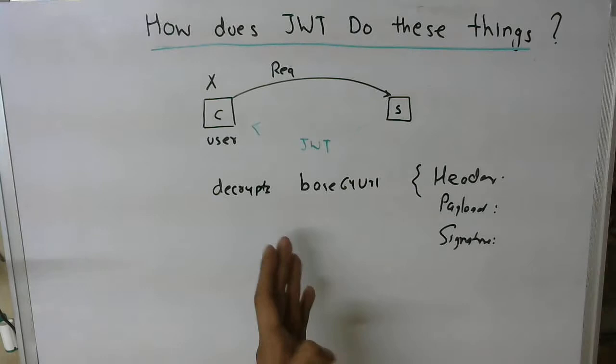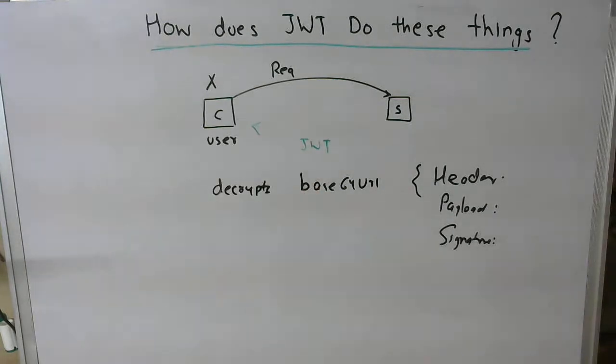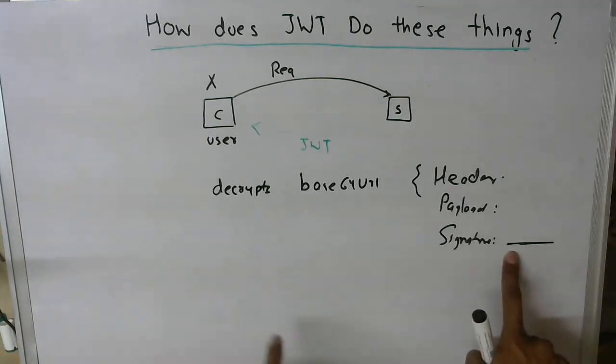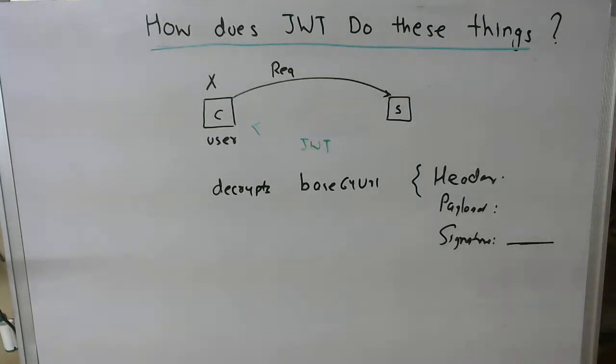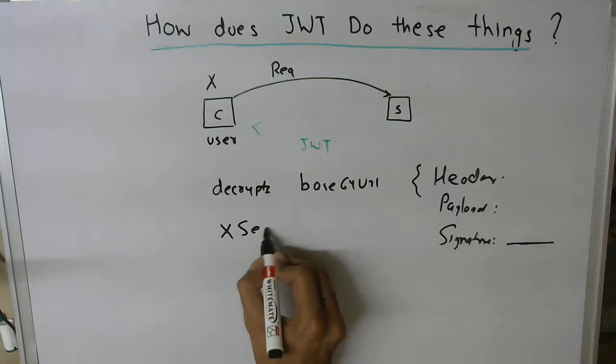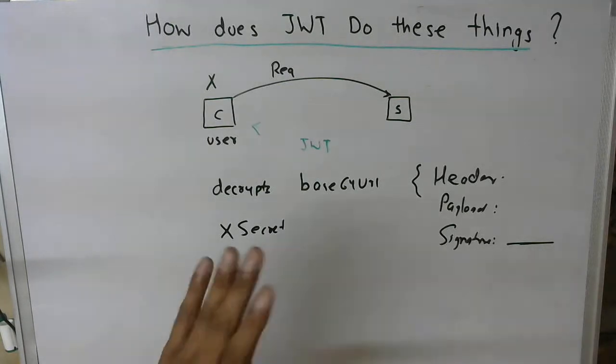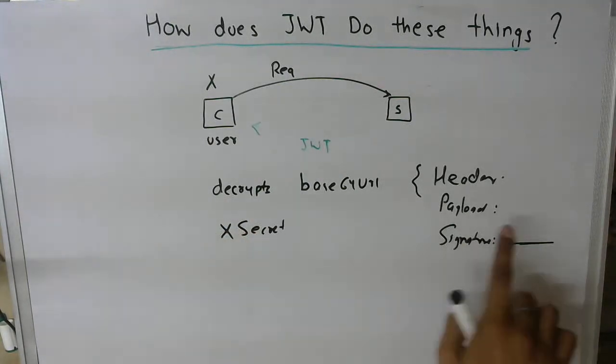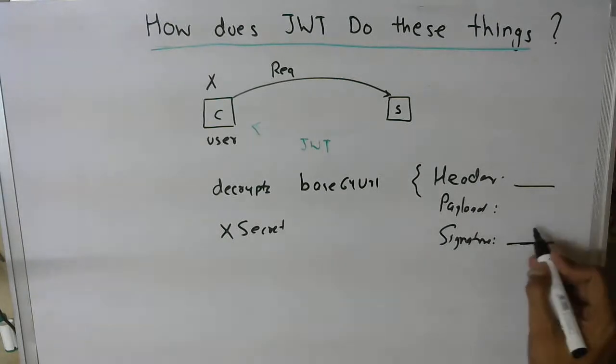So what if the user tries to edit the JWT? As we know, the signature is encrypted, and it can be decrypted only if the user knows the secret key. The user does not know the secret key, although it has the header part and the payload part.